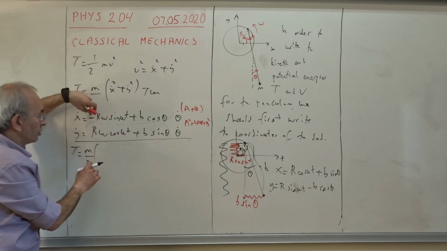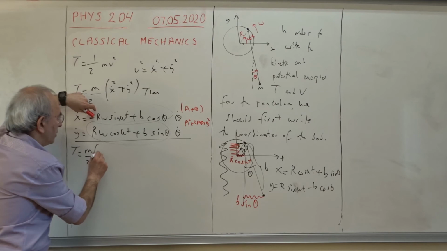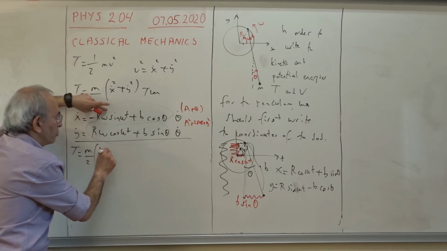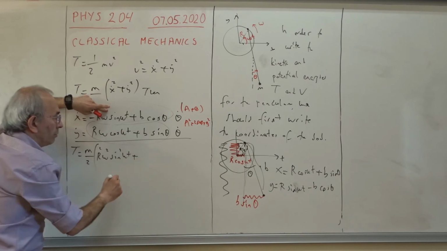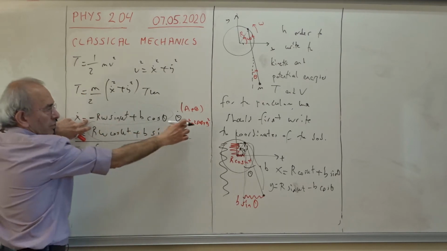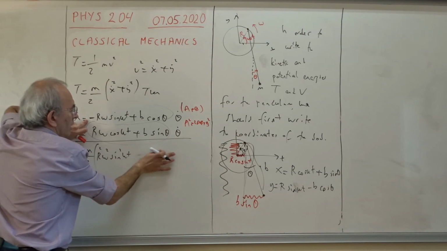Square of the first, of course it is positive. R squared, omega squared, sine squared omega t. Plus or minus, we get the middle term, minus 2ab.